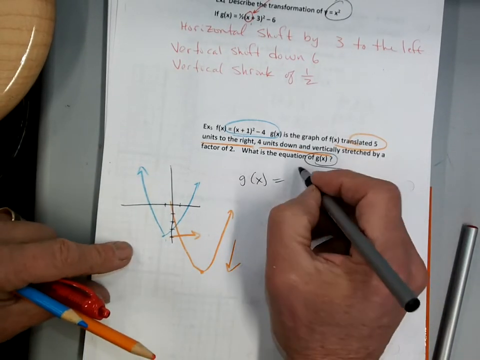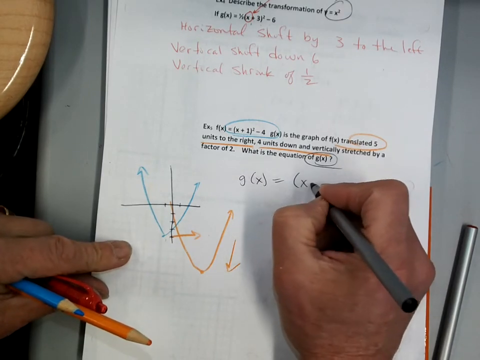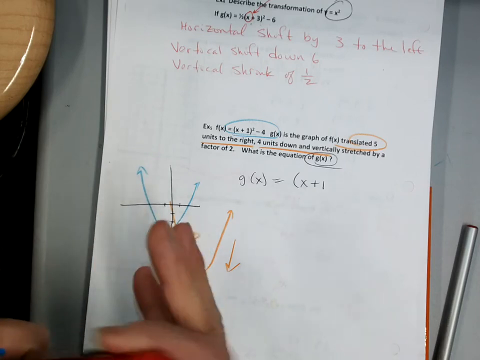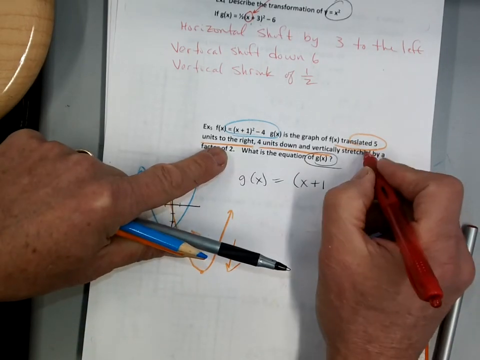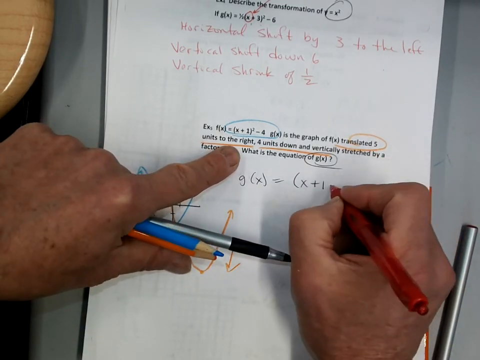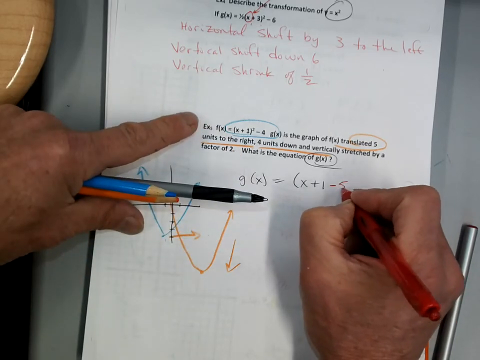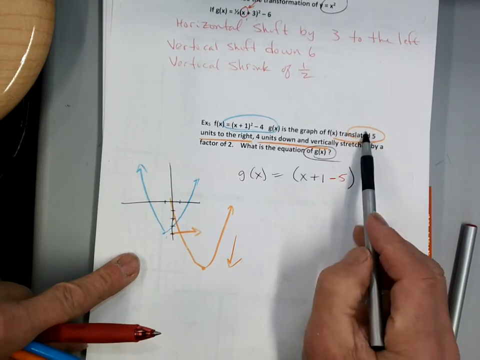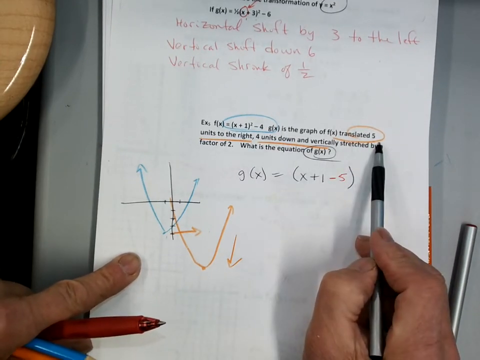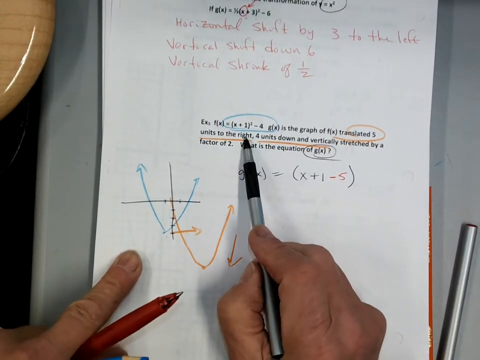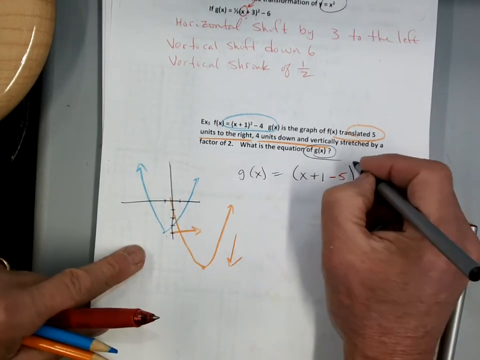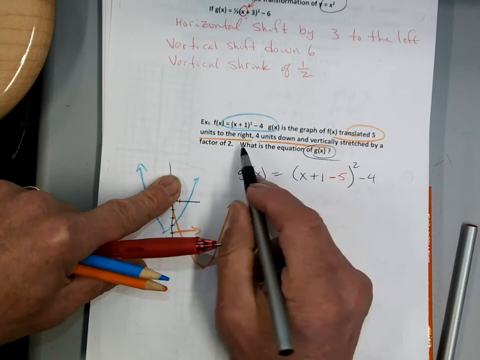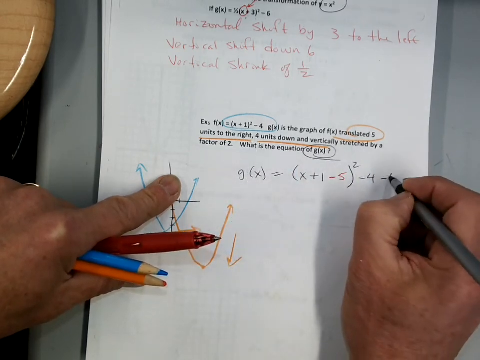It's going to be x plus 1 minus 5, because I went to the right, so it's the opposite, right? Squared minus 4, but then I'm going to also go down another minus 4.